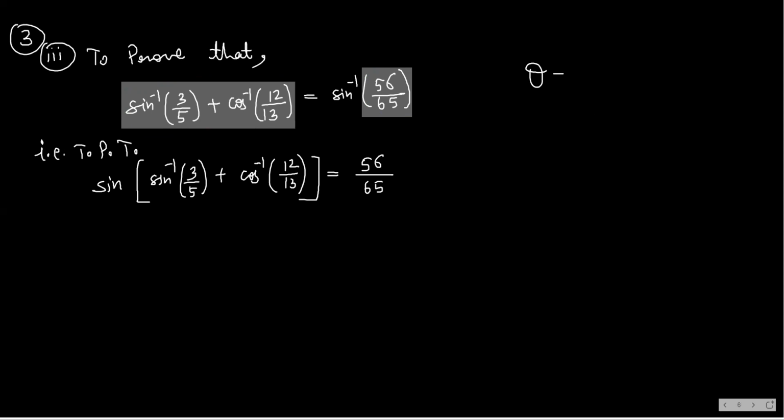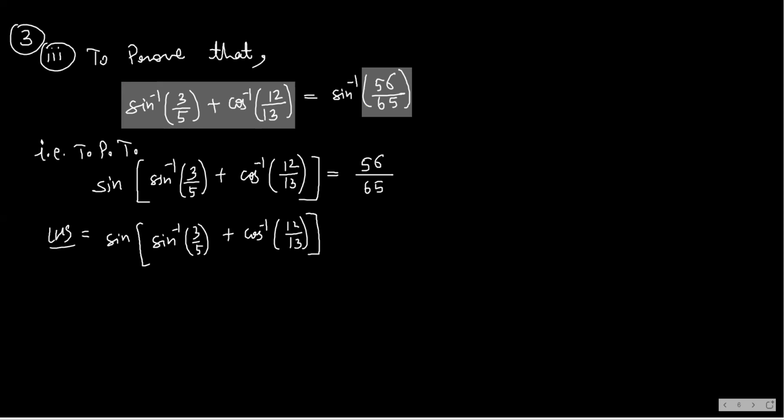I was asked to prove that this equals this. To prove this equals this is the same as proving 56 upon 65 is sine of this. Now I will begin with the left hand side. Left hand side is sine of sine inverse 3 by 5 plus cos inverse 12 by 13.